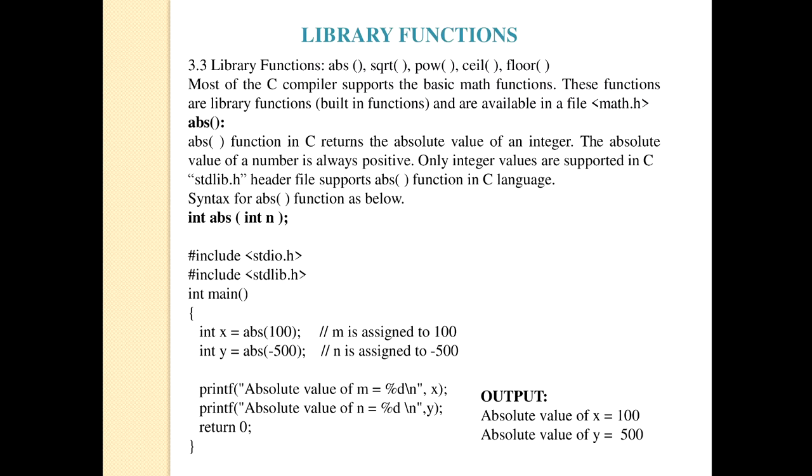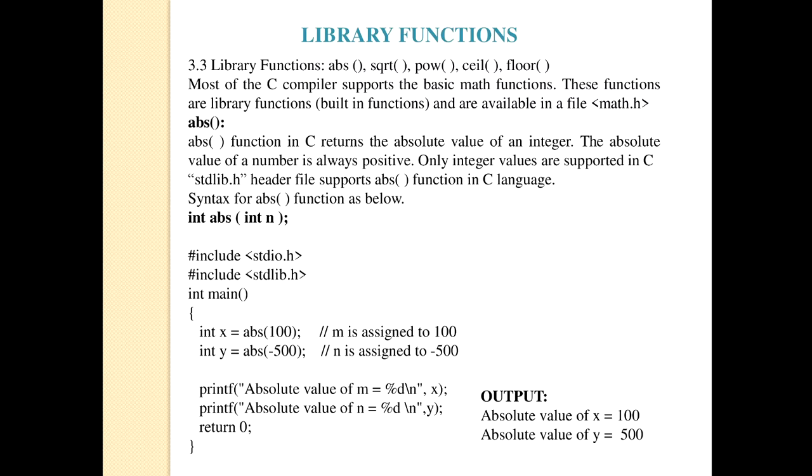Only integer values are supported in C. The stdlib.h header file supports the abs function in C language, and the syntax is abs(int n), which means this function takes only one argument of type integer.